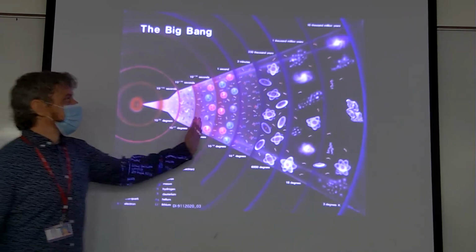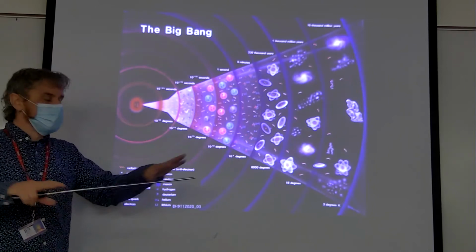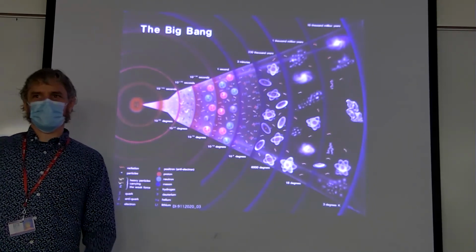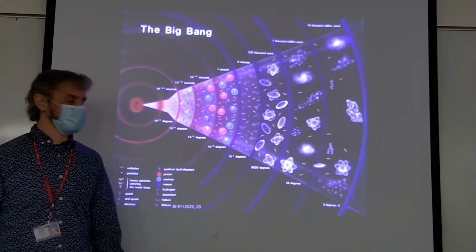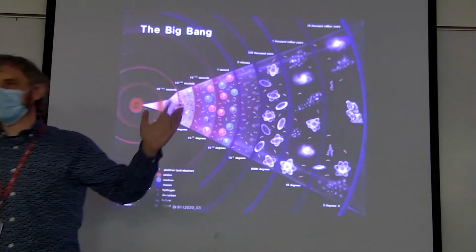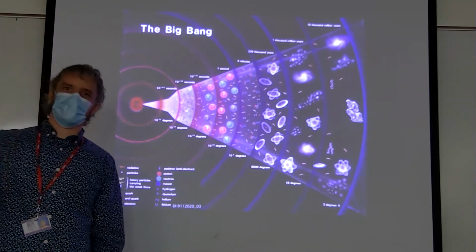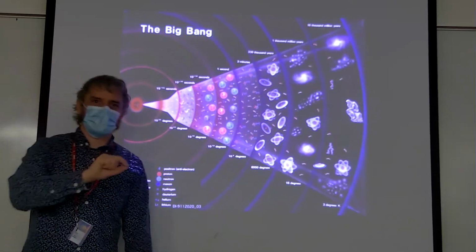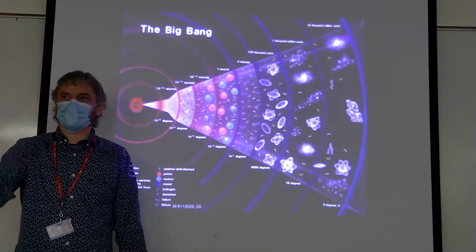And then after about 3 minutes, things are cooling down. You don't have atoms yet because it's still way too hot for protons to actually grab onto electrons. But then after about 300,000 years, things have cooled off enough so that the first atoms can actually start forming. The electrons aren't moving so fast because of their thermal energy.